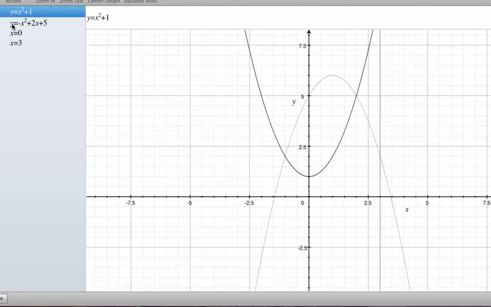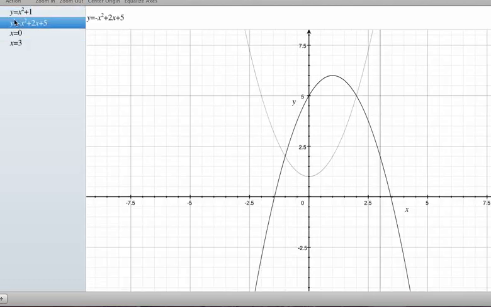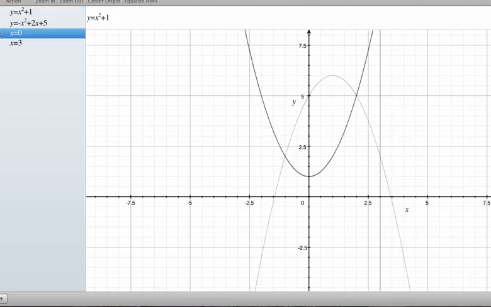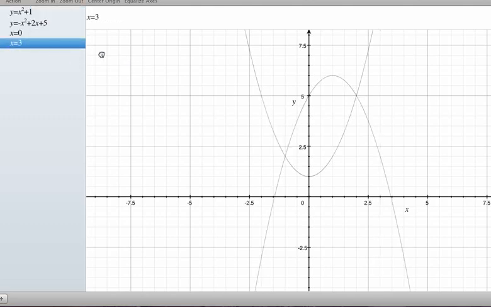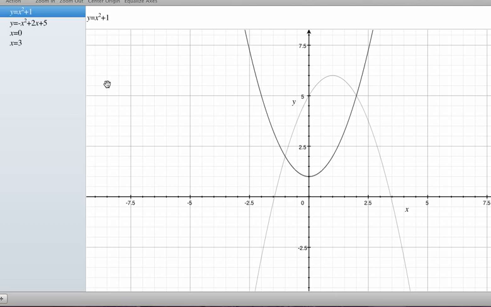So let's take a look at these two first. And as you can see, the solid we're dealing with is right here.